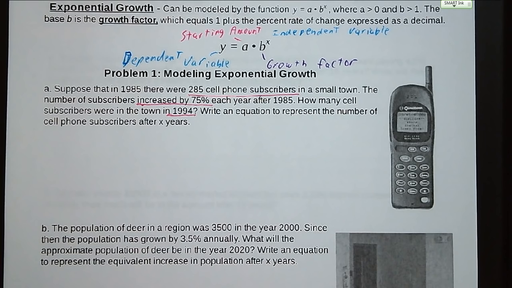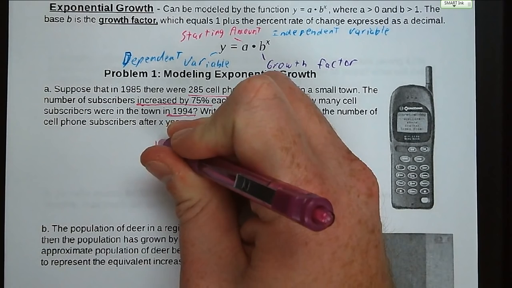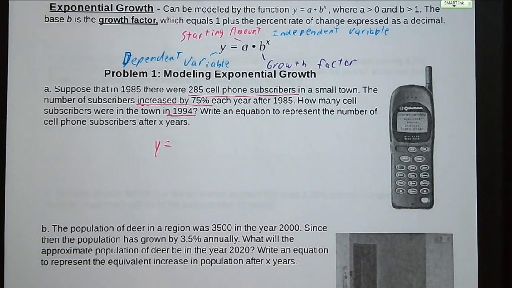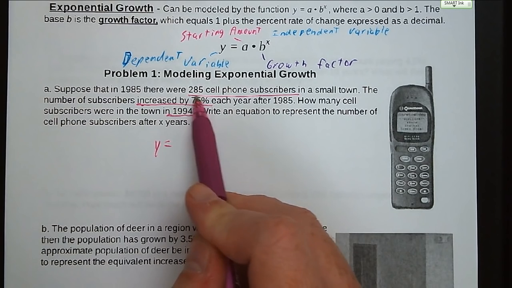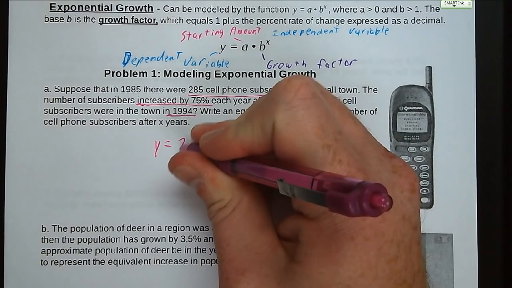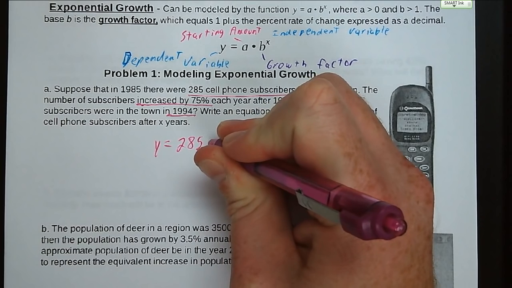So we're actually going to start with that first step. Our dependent variable, y, is equal to our starting amount, which is what we start with, 285, times our growth factor.